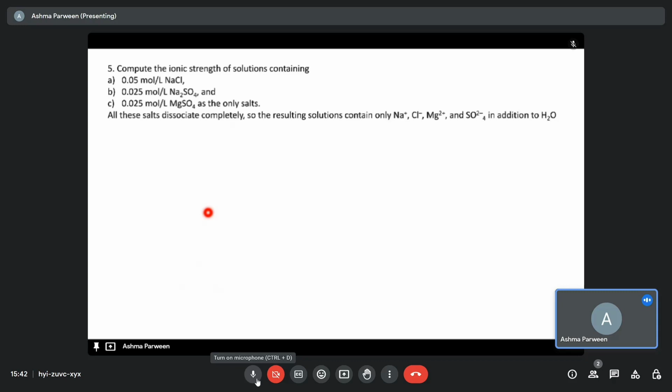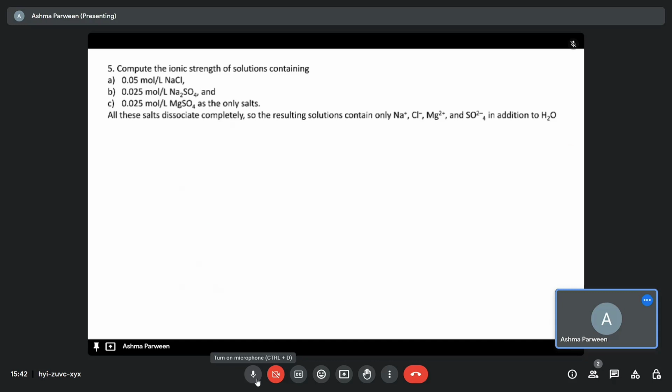We have to compute the ionic strength of the solution containing A, 0.05 moles per liter of NaCl. Next is this much mole of sodium sulfate and magnesium sulfate. All these salts dissociate completely, so the resulting solution contains only these cations and anions in addition to H2O. So there are no additional cations and anions except those mentioned in the question.